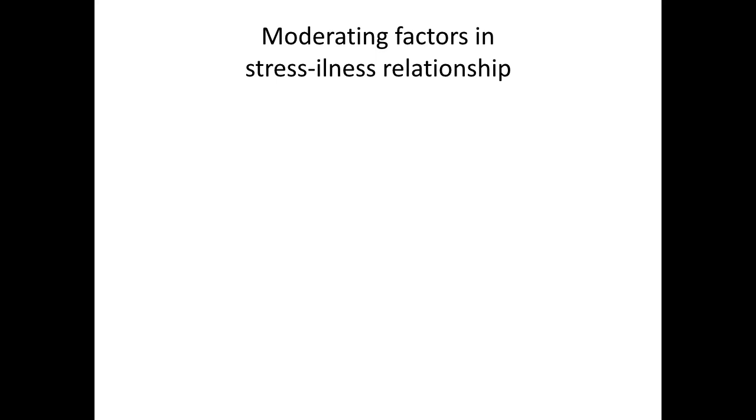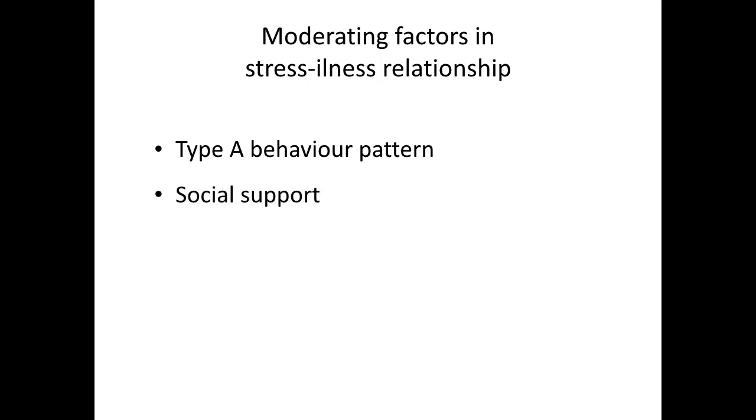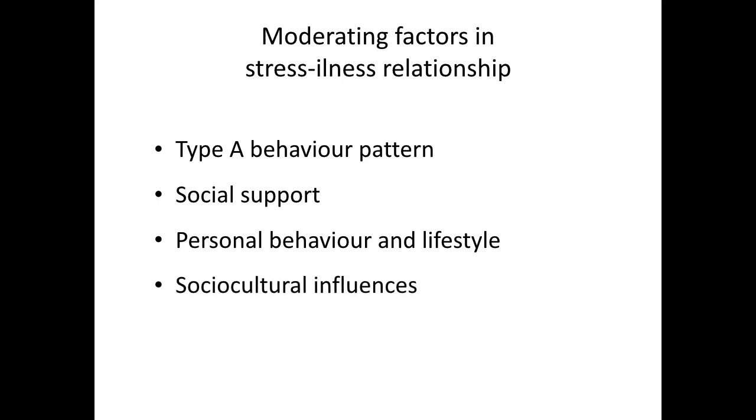We look into independent and dependent factors. There are also moderating factors in the stress-illness relationship. Okay, number 1 is type A behavior pattern, and then social support, as well as personal behavior and lifestyle, and socio-cultural influences.